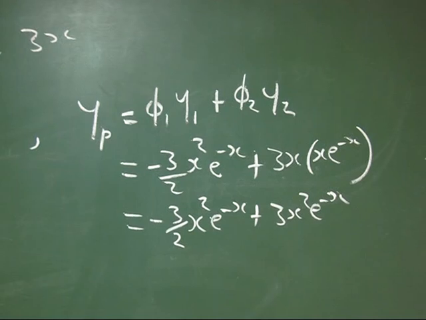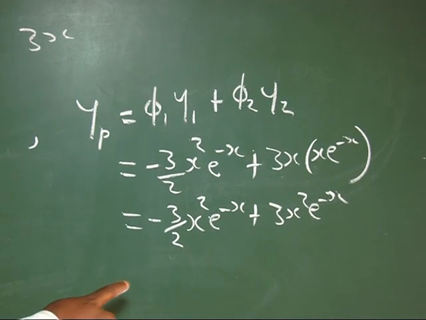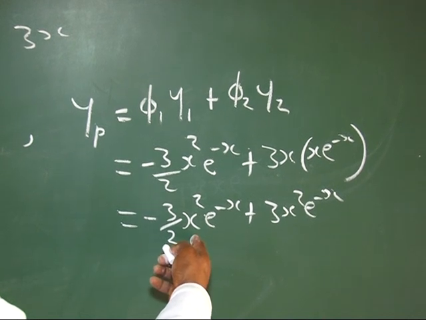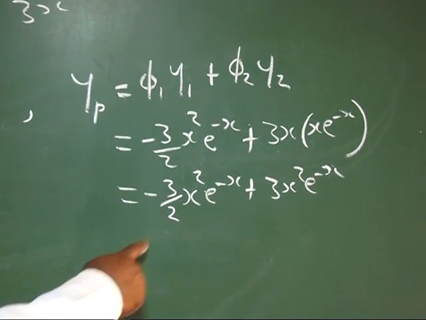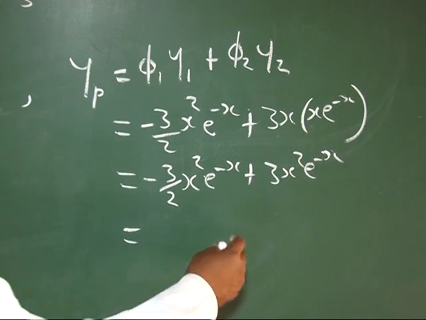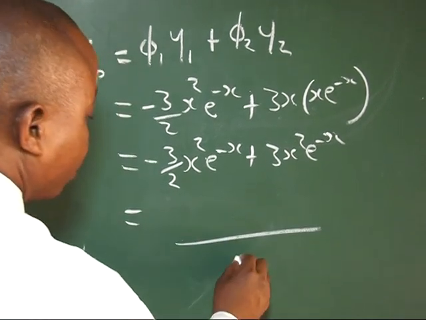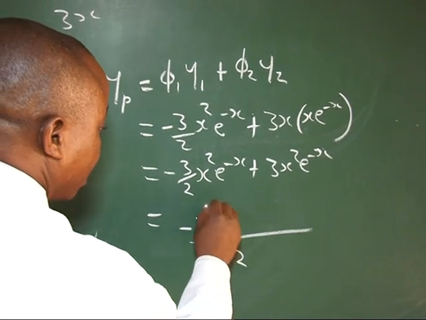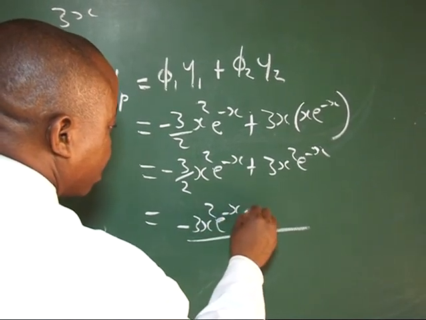So, taking the LCM of this and this, the LCM is 2. So this cancels this, we have minus 3x squared exponential minus x.